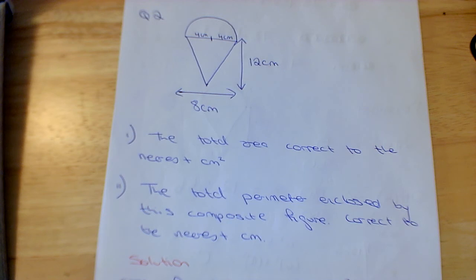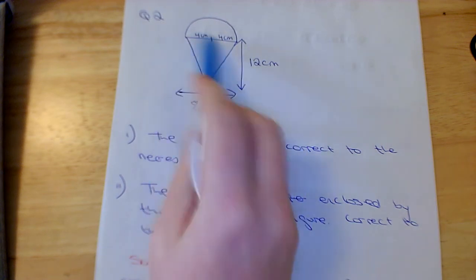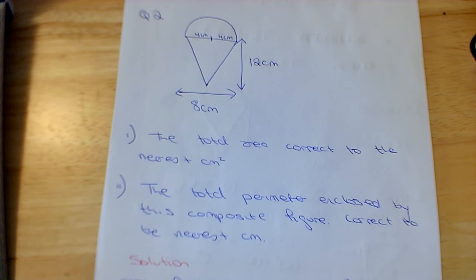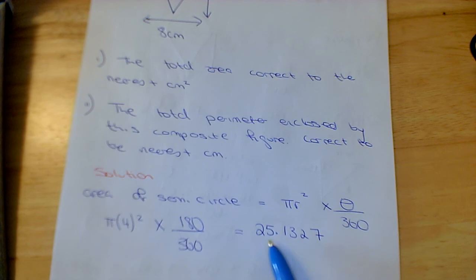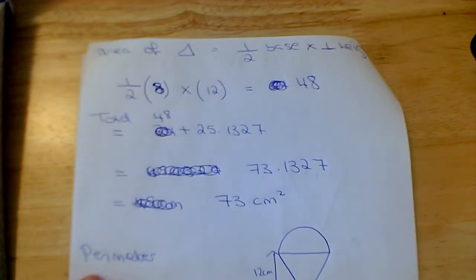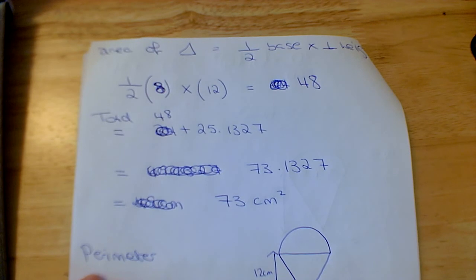So it's pi times 4 squared multiplied by, we're only dealing with half a circle, so 180 over 360. So my area of my semicircle is going to be 25.1327. So I now have the area of my semicircle, but I need to get the area of my triangle.